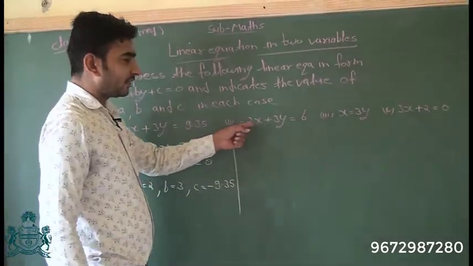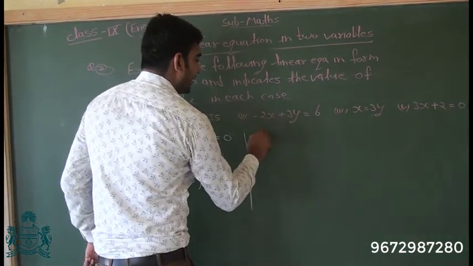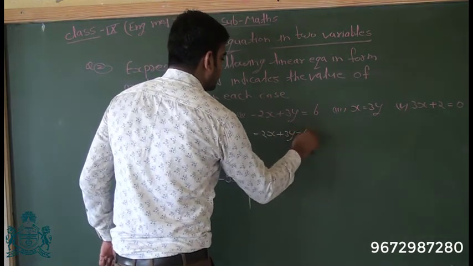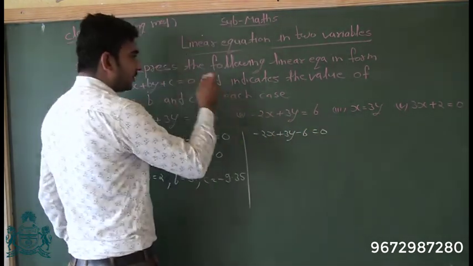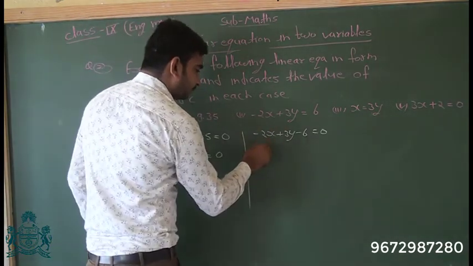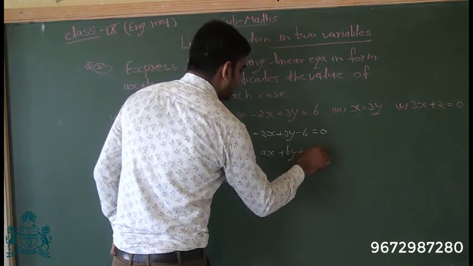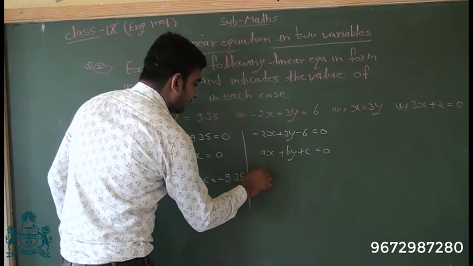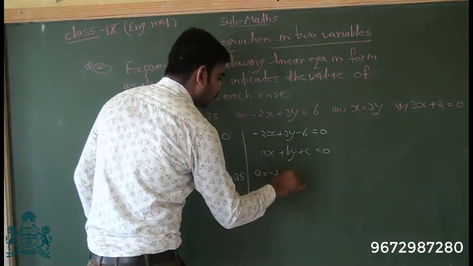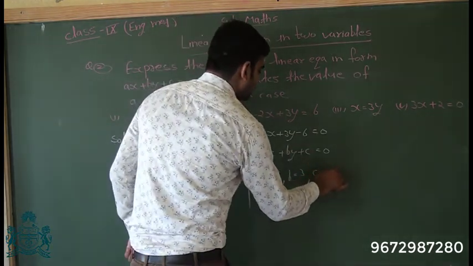Next, minus 2x plus 3y equal to 6. Change to general form: minus 2x plus 3y minus 6 equal to 0. Comparing with the general form of a linear equation in two variables, ax plus by plus c equal to 0. Comparing the x coefficient, minus 2, a equal to minus 2, b equal to 3, c equal to minus 6.